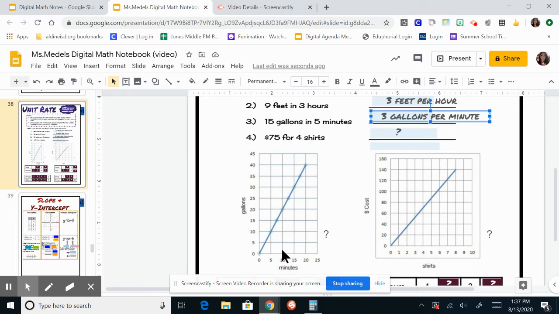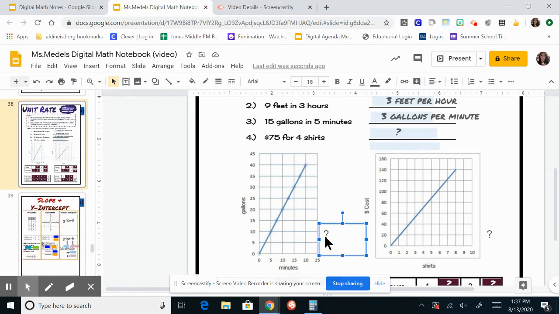Now, sometimes we are going to have to interpret from a graph, and the easiest thing is to see where the 1 is at. But like in this graph, I can't see where 1 is at, so I have to find a perfect point. So that's at 5 and 10. Of course, it's going to be the y divided by the x. So 10 divided by 5 is 2.